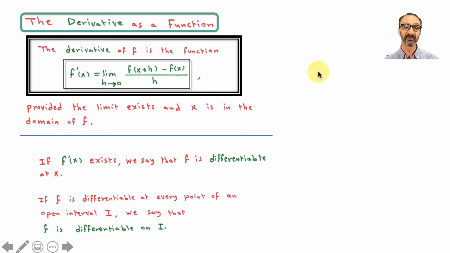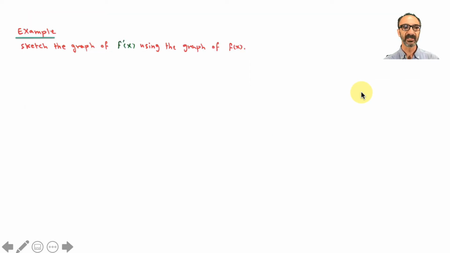If f is differentiable at every point of an interval I, we say that f is differentiable on the whole interval. Let's take an example. Sketch the graph of f prime, the new function, now using the graph of f of x.